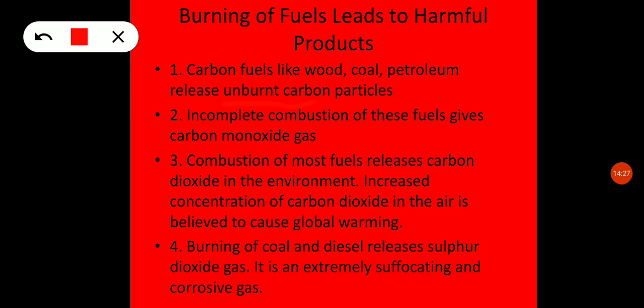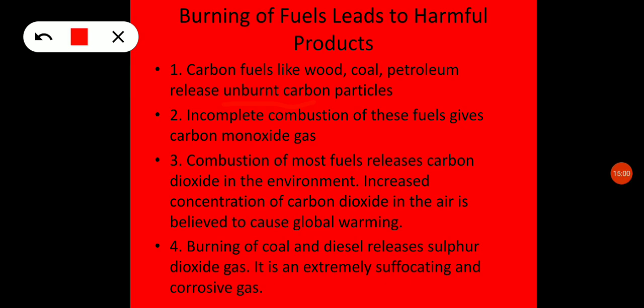Next, burning of coal and diesel releases sulfur dioxide gas, and it is an extremely suffocating and corrosive gas. Okay. So when you burn the coal and diesel, it will release the sulfur dioxide gas. This gas is very suffocating and corrosive, means it will burn. And the petrol engine will give off gaseous oxides of nitrogen. Okay.